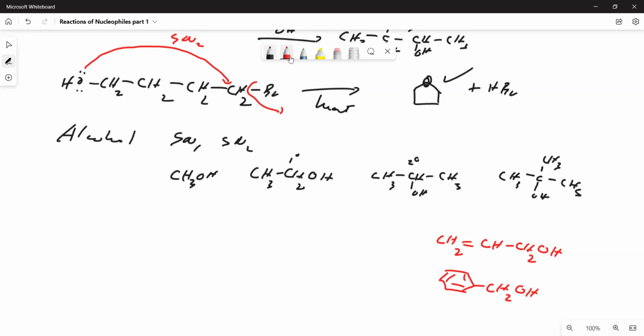The difference here, okay, is that if you look at the SN1 or SN2 mechanism for this, you have methanol.